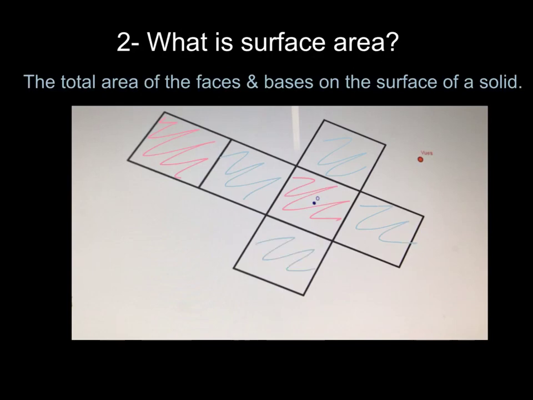Now, that means that our surface area is just the total area of these 1, 2, 3, 4, 5, 6 different faces. So we want to find the area of one of these squares, and then we can multiply it by our 6 to get our total surface area of a cube.